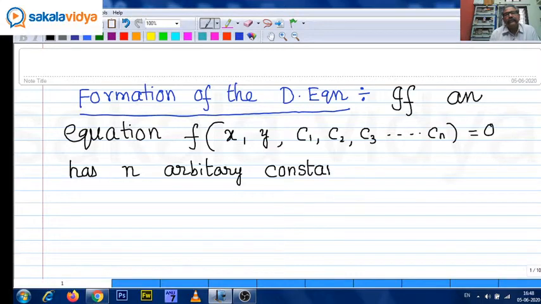These c1, c2, c3 and so on, cn are called arbitrary constants or parameters also.